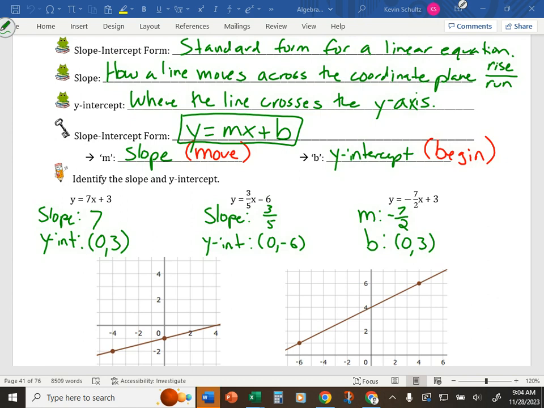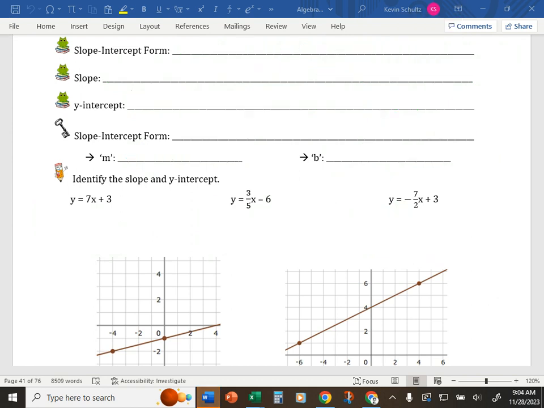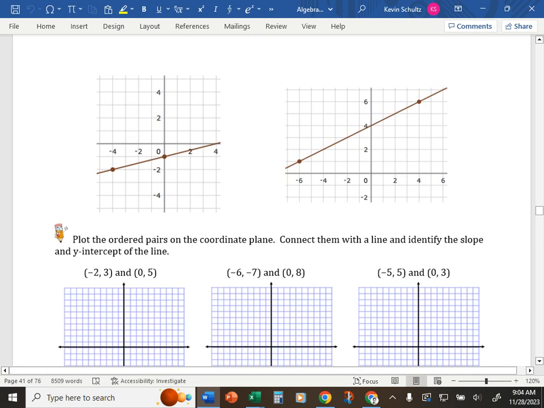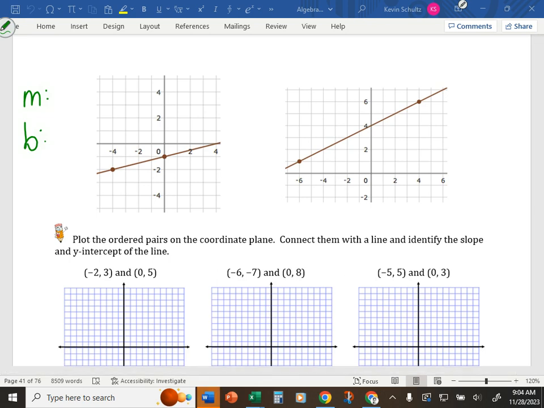I feel like the light bulbs are shining brightly today, thinking back to last year. Okay? Job well done. The two coordinate planes down here, again, identifying the slope and the y-intercept. We practiced finding slope in yesterday's objective. Nothing's changed here.